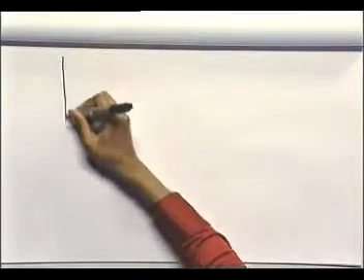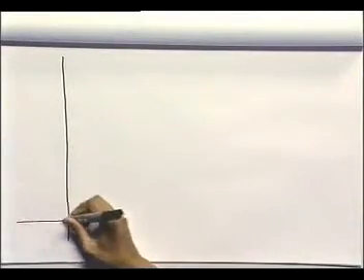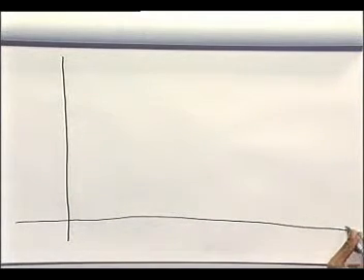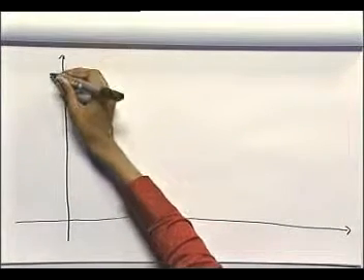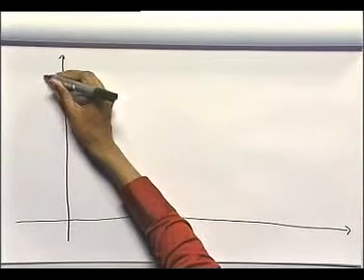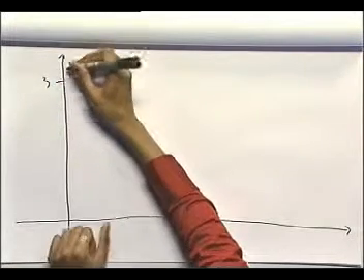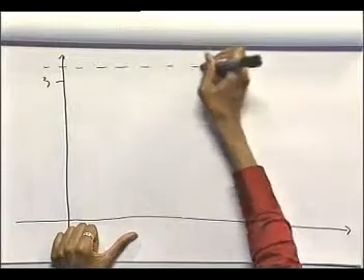I'll now plot a graph of a sequence that tends to real limit 3. So I'll put 3 here, and I'll show you the intervals that I can choose.